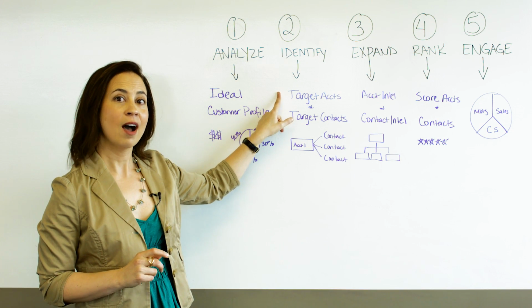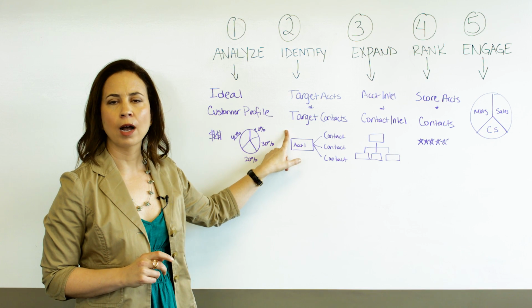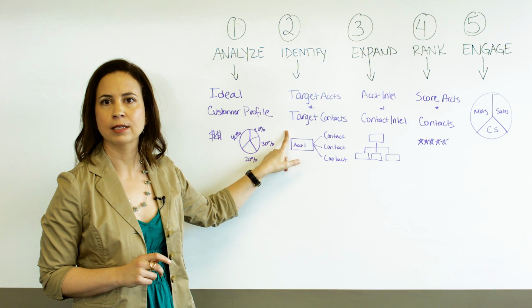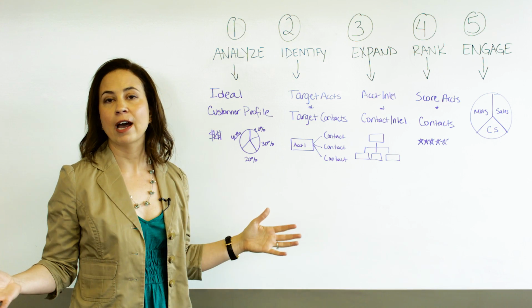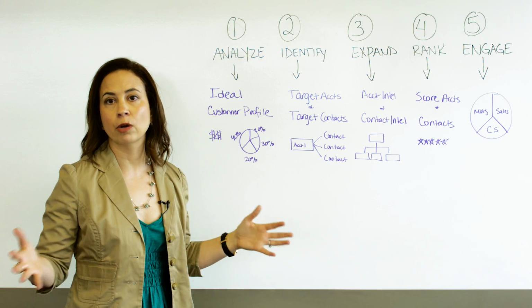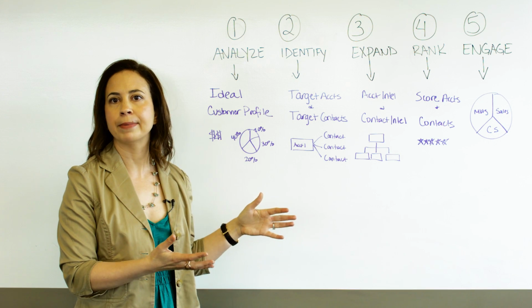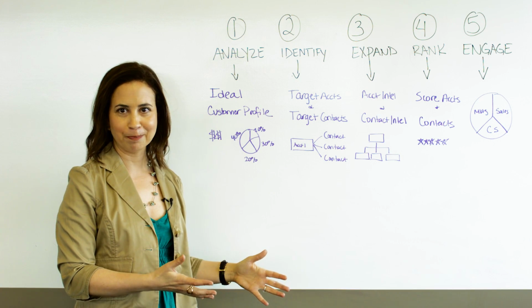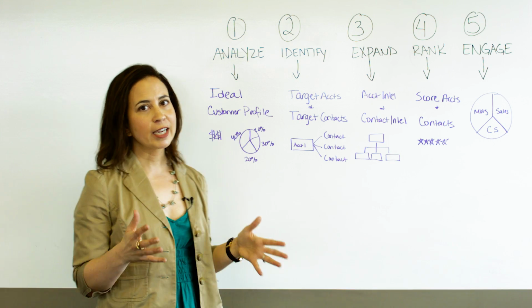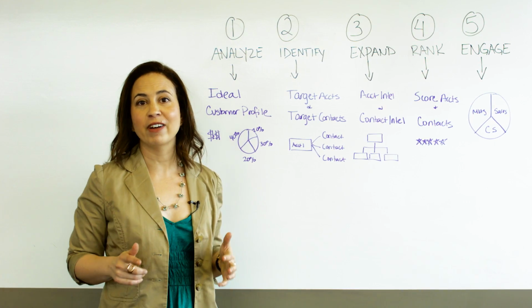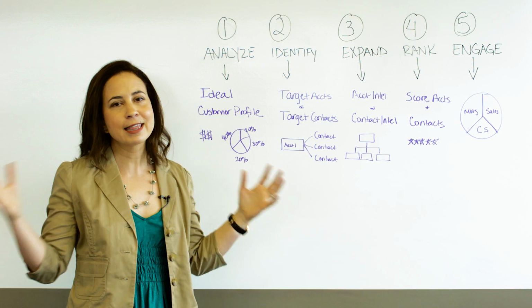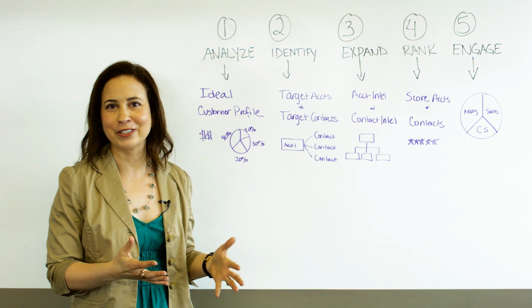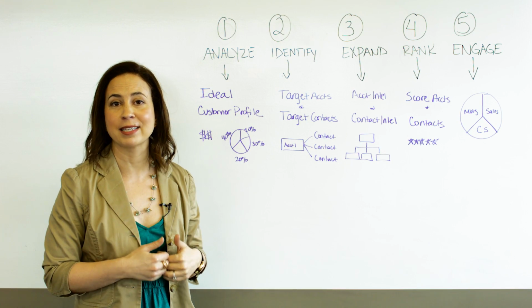And not only who the companies are, but who are the contacts that exist at those companies. So if you sell into the sales team or you sell into the marketing team, you want to find out who are the contacts within the sales department or within the marketing department at those companies that look like your best customers. Well, the trick here is you might do that, and what you might find out is you have a list of 3,000 companies and 10,000 contacts at those companies that look like your best customers.